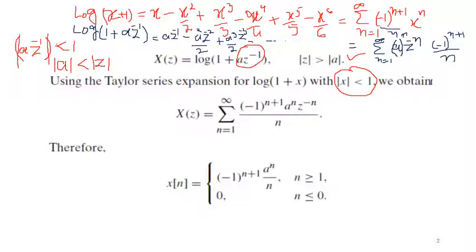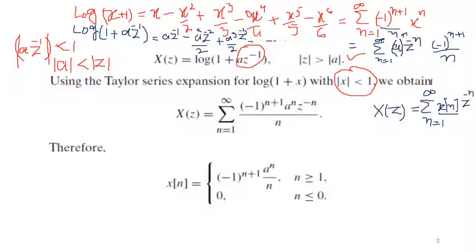So if you compare it with the standard equation, X of z equals summation running from 1 up to infinity of x of n, z power minus n. That's the standard formula, although n runs from minus infinity up to infinity, but in case the signal exists from 1 up to infinity, then we can write it like this.